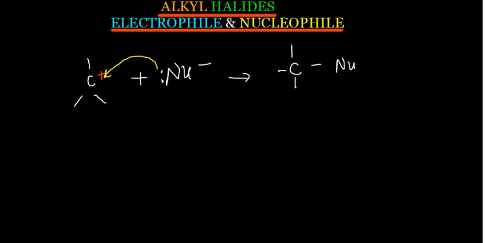So what would this be? Is this an electrophile or a nucleophile? Try to identify it. Which one is the electrophile and which one is the nucleophile? A wants electrons, so it is an electrophile. B is the nucleophile. We can even see from the symbol.